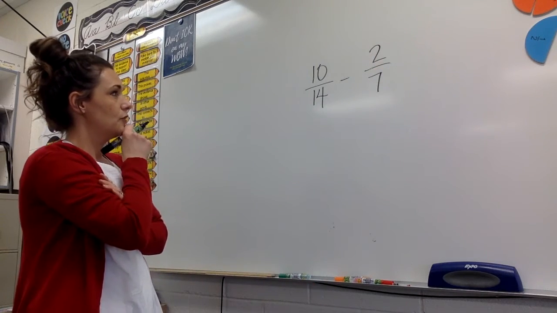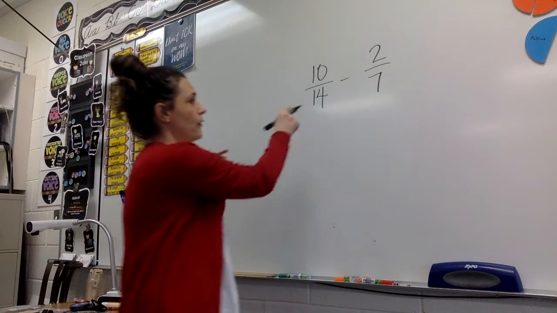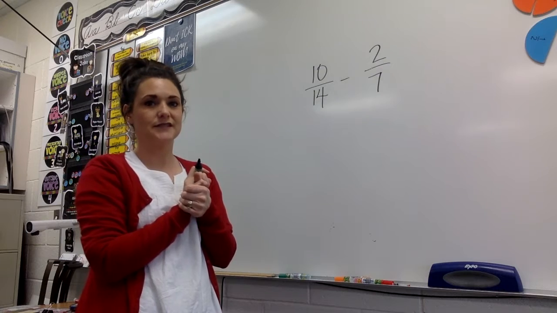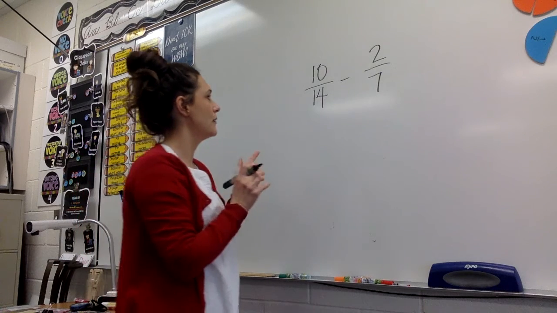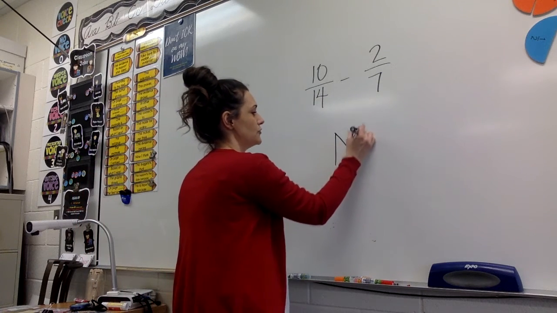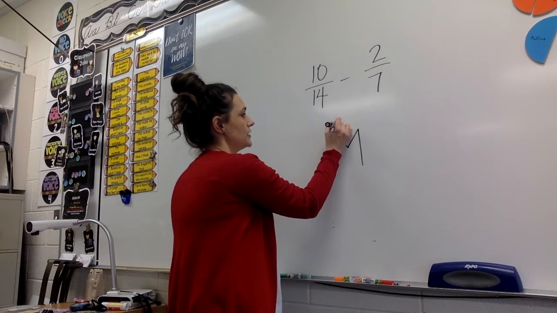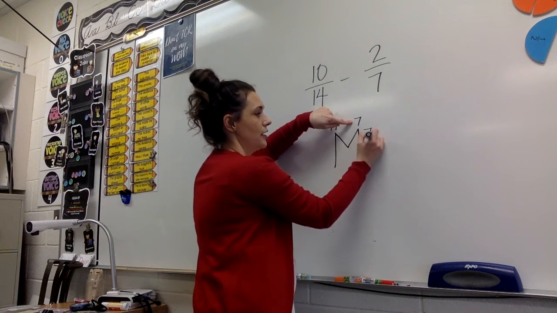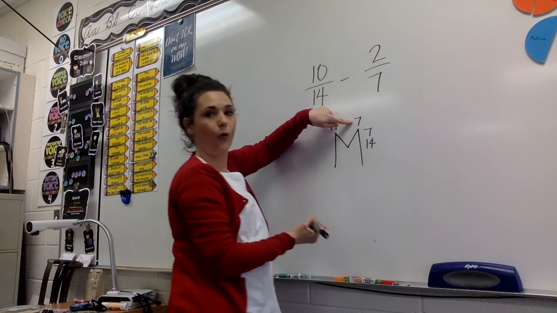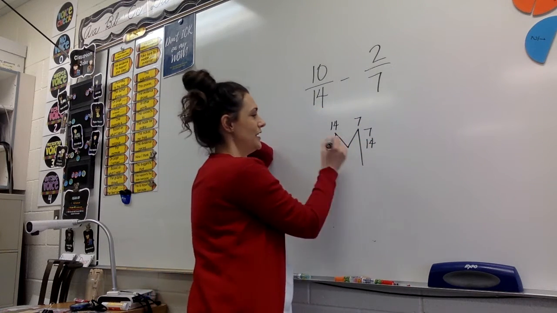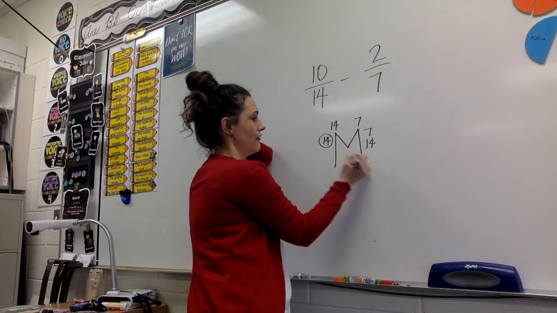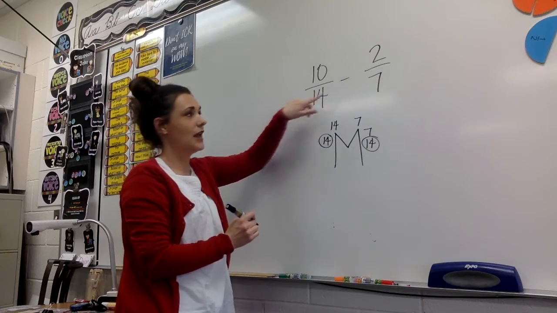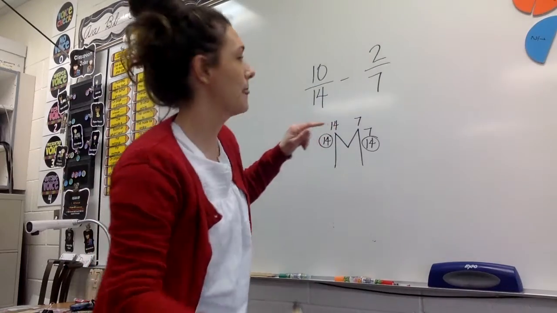I could multiply both of these and change both of them, but let's first check and see if there's something common between both of them so I wouldn't have to change both. I've got 14 and I have 7. So we have 7, 14. Oh, check that out. We didn't even have to go any farther. We have 14 and 14 here. So I know I can keep my 14 and just change my 7.